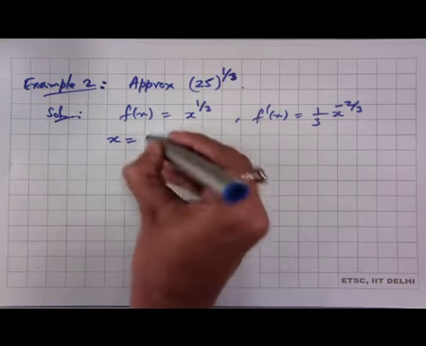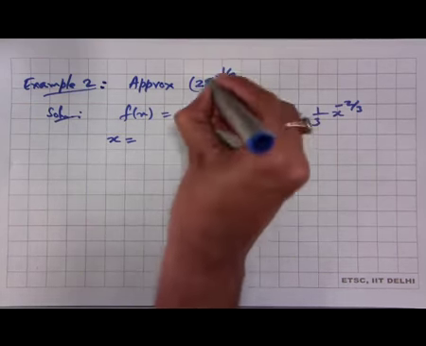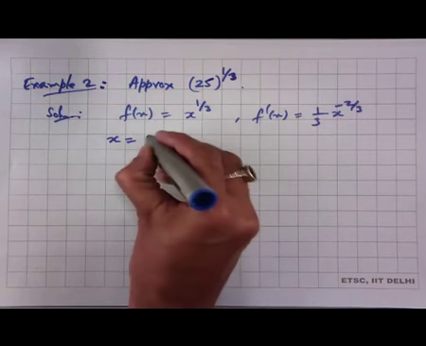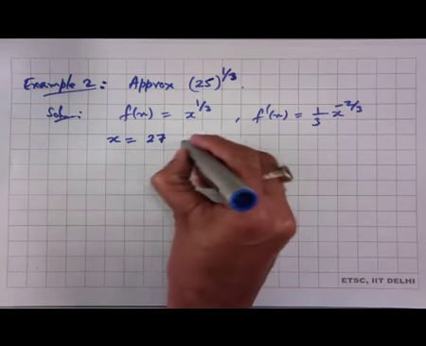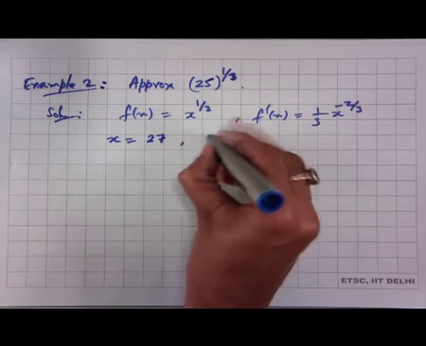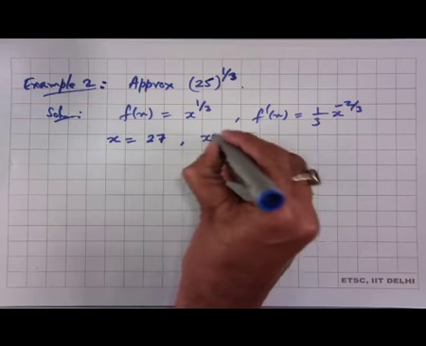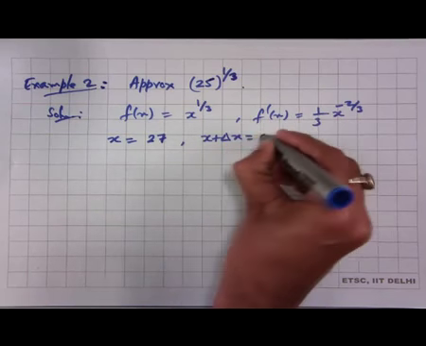The perfect cube which is near to 25 is 27. So, we take x equal to 27 and we want x plus delta x to be equal to 25.